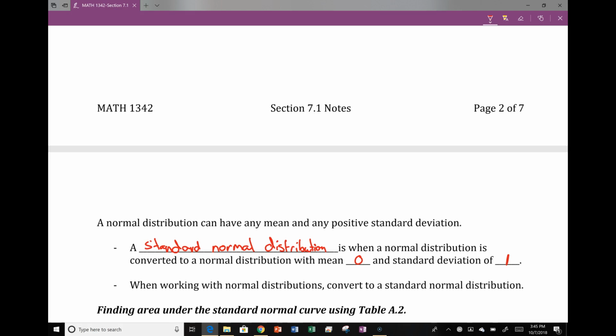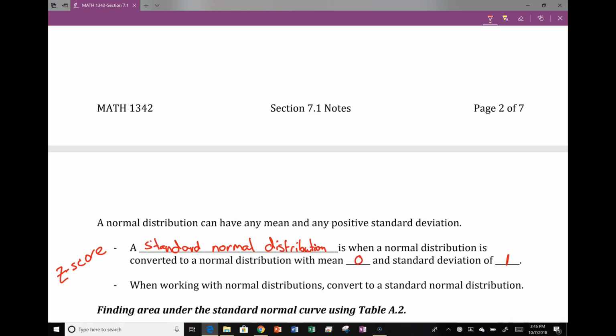So we're looking at a z-score. Anytime we talk about the standard normal distribution, we're talking about a z-score. A z-score has a mean of 0. It's in the center. It can be positive or negative, going left or right.